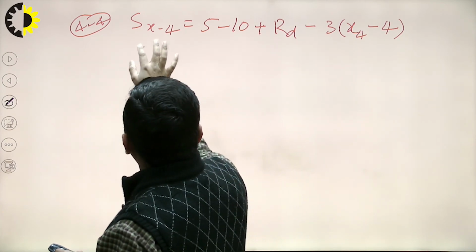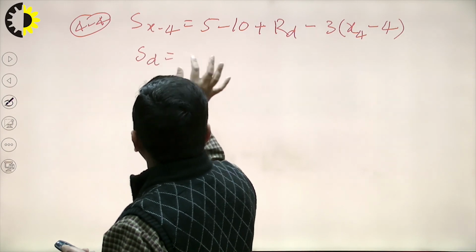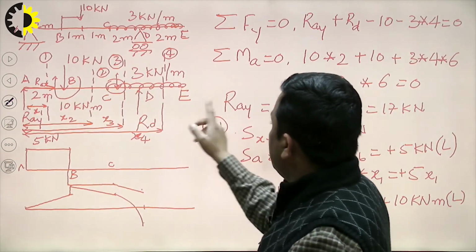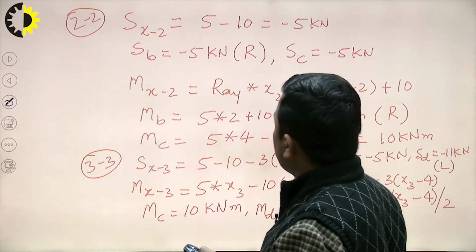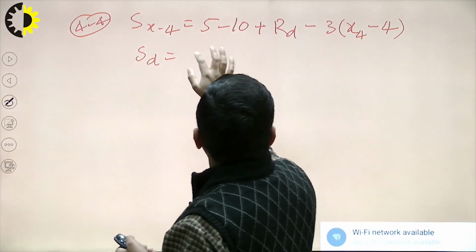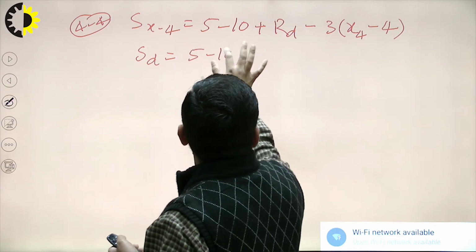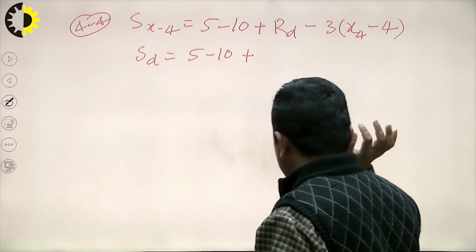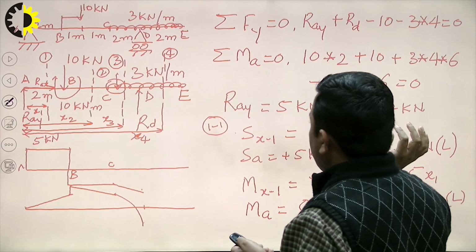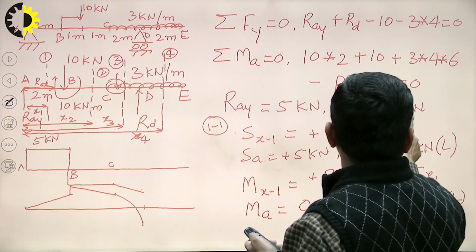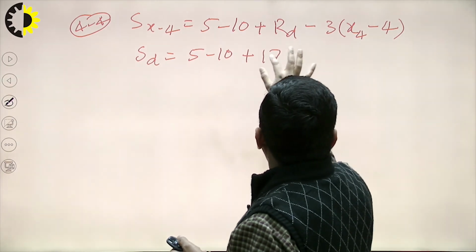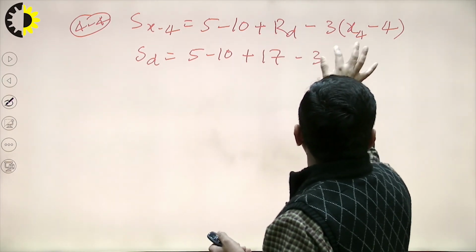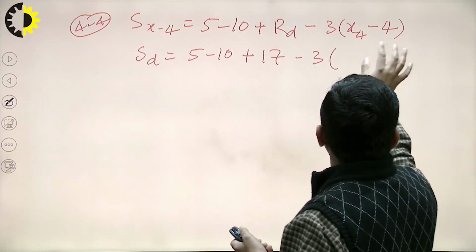So, at point D, when I am calculating, the distance is 6. So, we can put the value 6 here. So, it will be 5 minus 10, RD is how much? RD was how much? 17, RD is 17, and minus 3 into 6 minus 4.